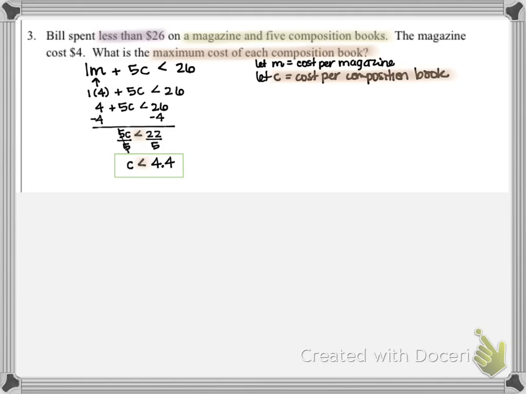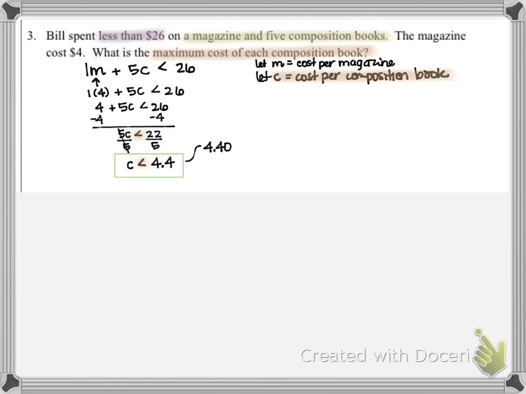So the maximum that I could spend on a composition book, I have to be lower than 4.4. So let's think about money here. 4.4 is equivalent to $4.40. But I want to be less than that because he spent less than $26. So I need to go just less than this.